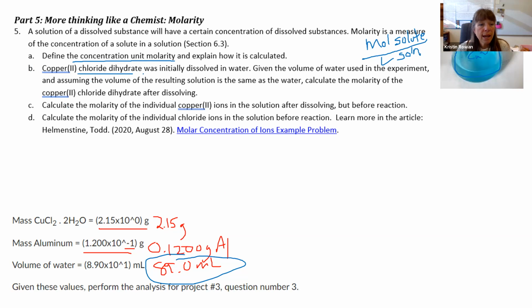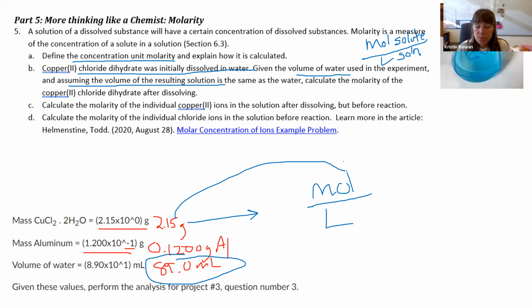Copper(II) chloride dihydrate initially was dissolved in water, given my 89 milliliters of water, and assuming that the volume does not change, because if it did, this would no longer be correct. Calculate the molarity of the copper(II) chloride dihydrate after dissolving. If I take my grams and I want to do molarity, and I know molarity is moles per liter, I would convert that grams to moles. Now you got to be careful, because this is... no, we're okay here, because this is moles of what?